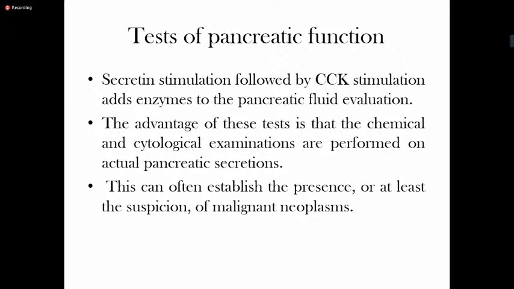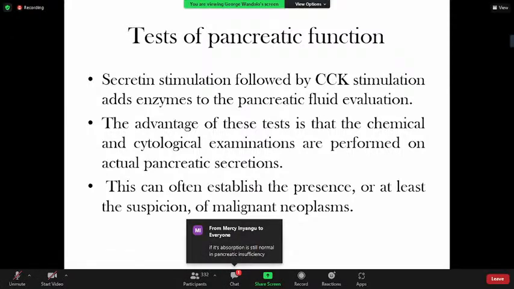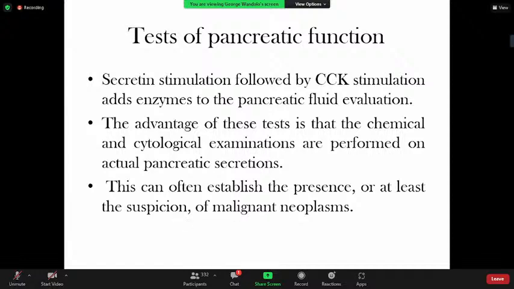The advantage of this test is that the chemical and cytological examinations are performed on the actual pancreatic secretions. Once we inject secretin and stimulate cholecystokinin, the secretions are collected from the stomach.